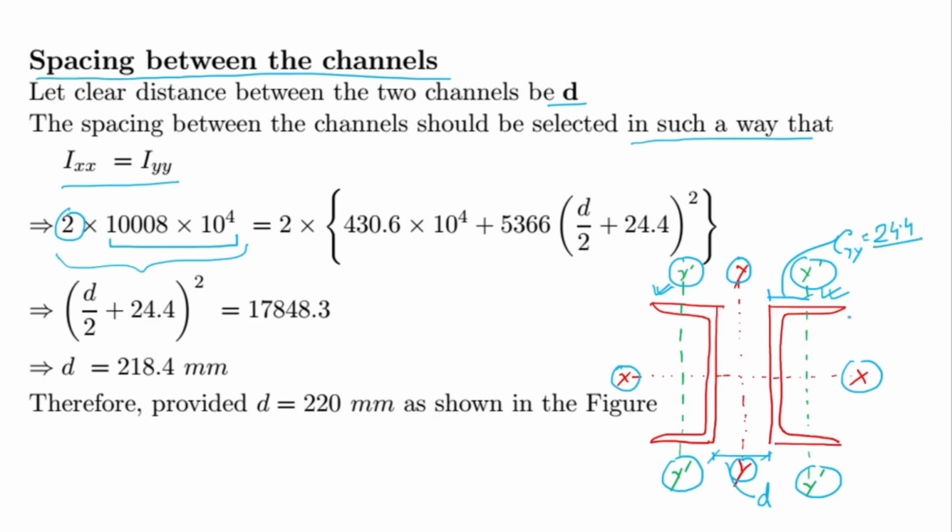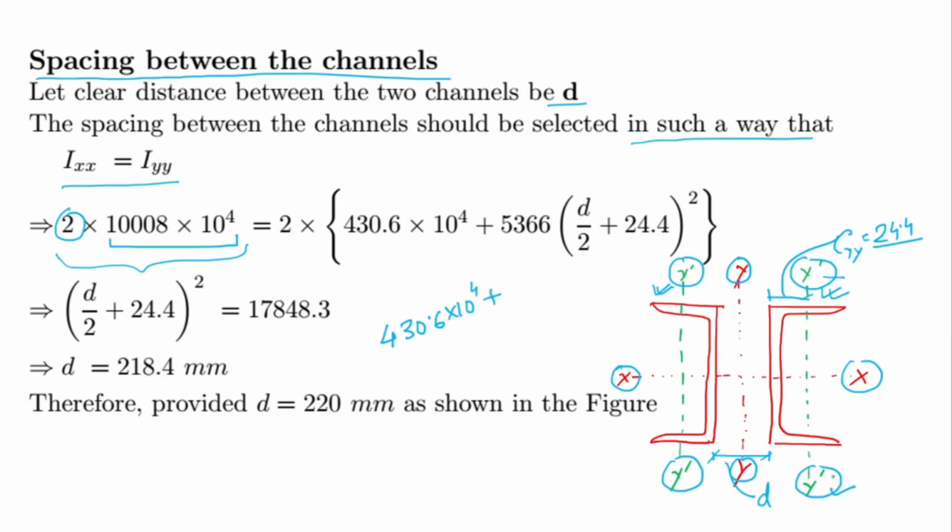Now if I have to calculate Iyy for the right channel, first of all I shall write the Iyy of the channel about its own axis, means its own YY axis. So already I have noted that this is 30.6 into 10 to the power 4 about the axis y dash y dash.